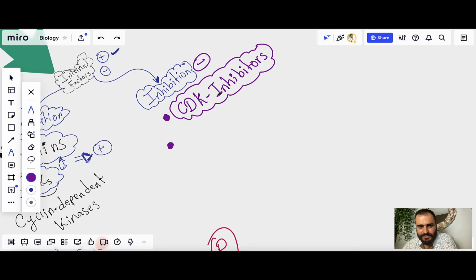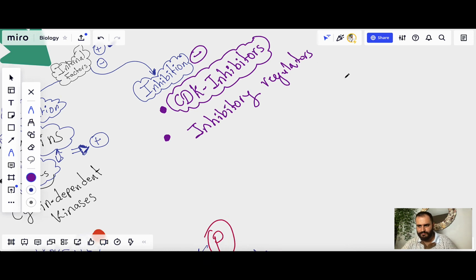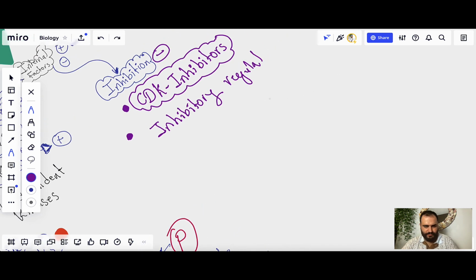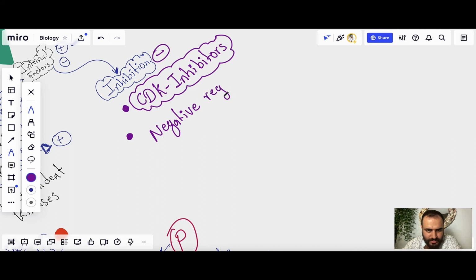And the other molecules are called inhibitory regulators, or negative regulatory proteins.